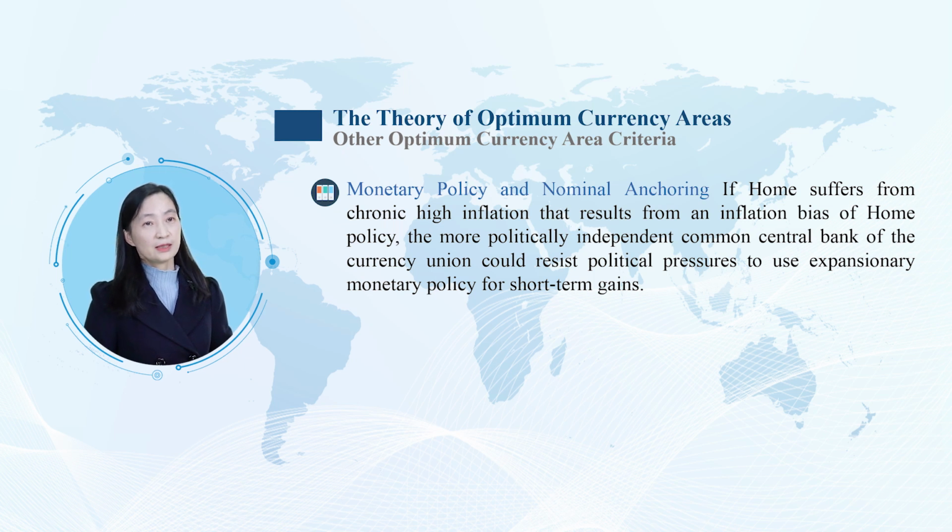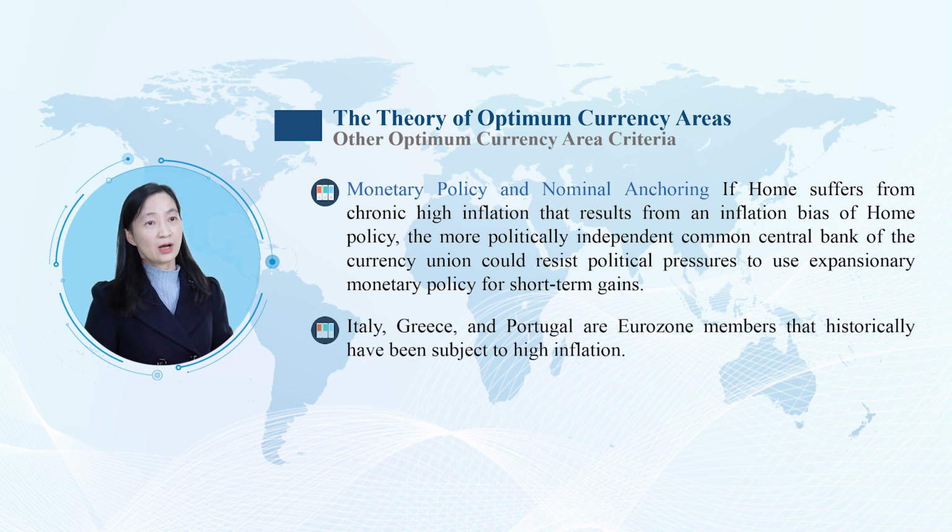There is a possibility that this criterion was important for several Eurozone member states that historically have been subject to high inflation, for example, Italy. All else equal, a worsening in the home nominal anchor shifts the OCA line down in Figure 2.